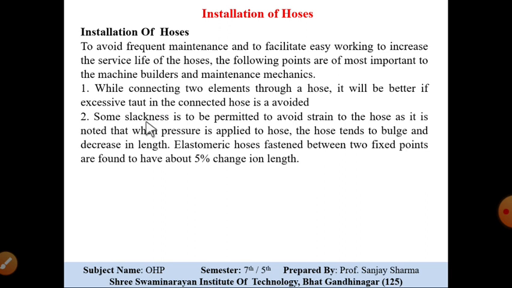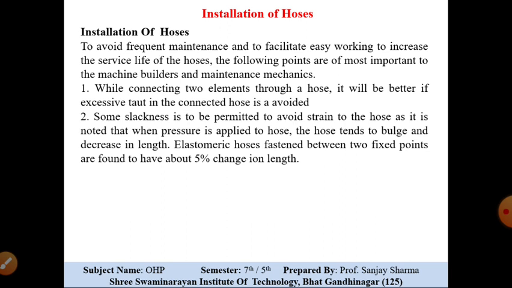There should be some looseness in the hose pipe, so that when pressure is applied to the hose, it tries to bulge, and there is a decrease in the length of the hose pipe.